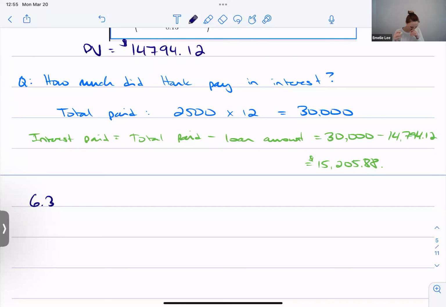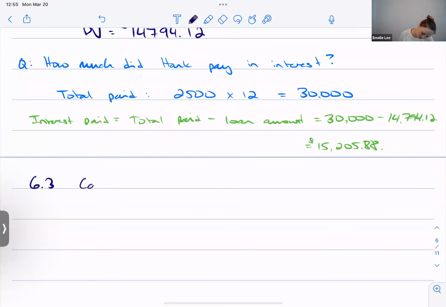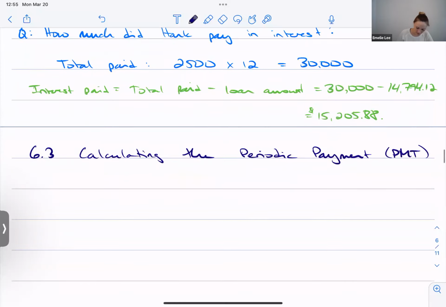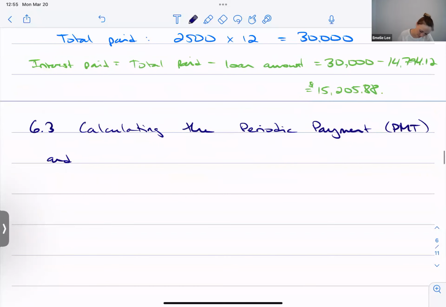And so now we're going to talk about calculating the periodic payment and number of payments, which is N. So calculating the payment amount and the number of payments.